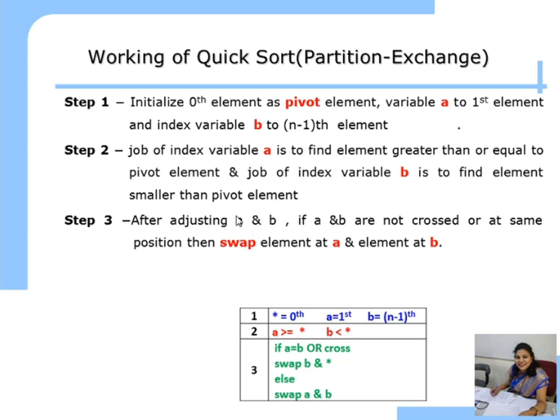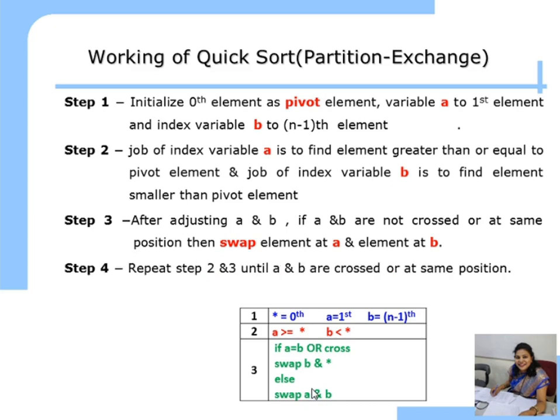After adjusting, if the A and B indicators do not cross and are not at the same position, then we swap A and B. If A and B are equal or cross, then do not swap; otherwise, if A and B are not equal and not crossed, we swap A and B. And repeat step number 2 again.